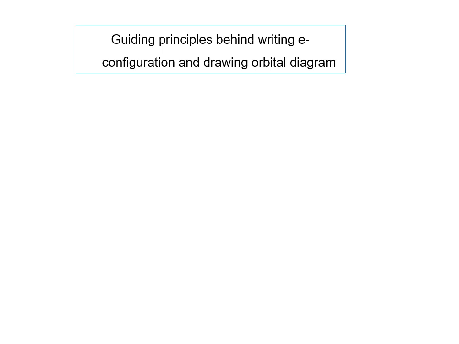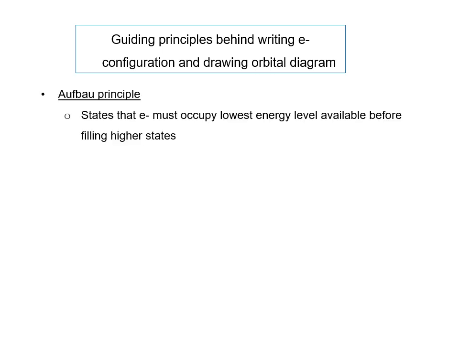So what are the guiding principles behind writing the electron configuration and drawing the orbital diagram for an atom? We follow the Aufbau principle, which states that electrons must occupy the lowest energy level first before filling the higher levels, which means that when we add electrons, we always begin at the 1s, we fill the 1s, then we go to the 2s, we fill the 2s, then we go to the 2p, we fill the 2p, then the 3s, and so forth.